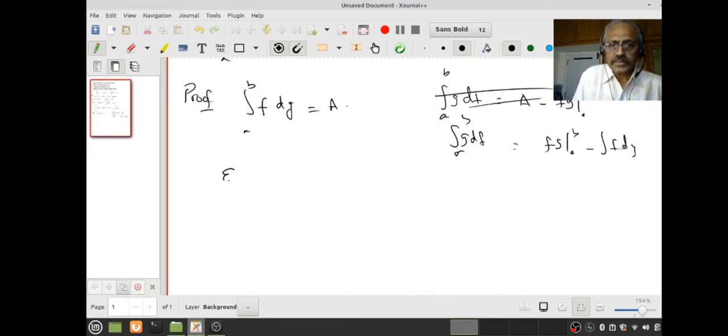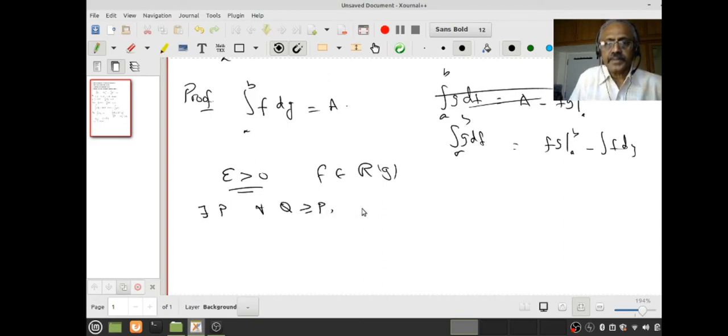So let us look at epsilon positive given. Since f is g integrable, what do I know? I know there exists a partition P so that for every partition Q finer than P, and for every set of tags, the Riemann sum S(f; P, t, g) minus A is less than epsilon.